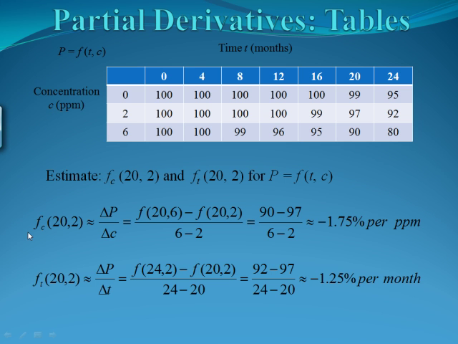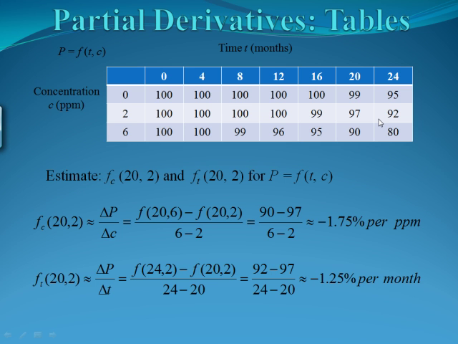Now if we want to estimate the partial derivative with respect to t at (20, 2), since our derivative is with respect to t, we're going to be fixing our concentration. Well, concentration is the second number, which is 2, which means we're focusing on the 2 row. Okay?